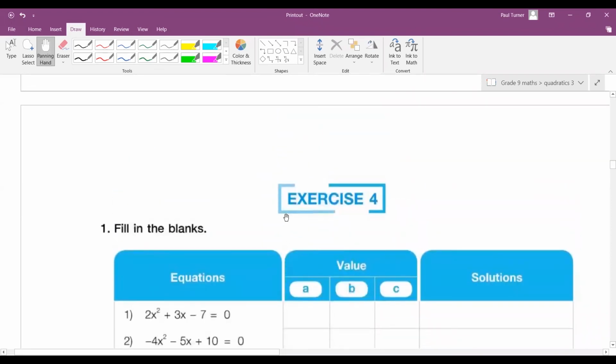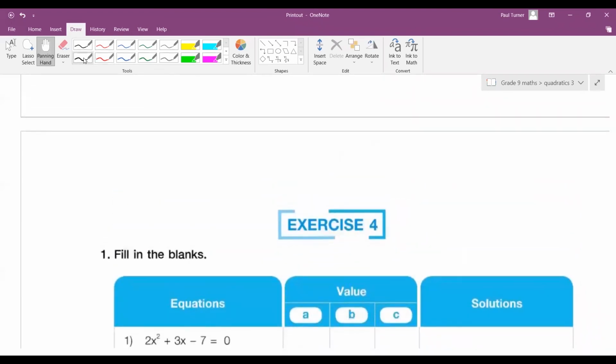Also, one thing, when you've got a question like this, you'll need this. For example, 3x squared minus 2x plus 4 equals 0. In this case, A is 3, B is minus 2, C is 4, yes? Now, if you put all of these terms on the other side, what do you get?